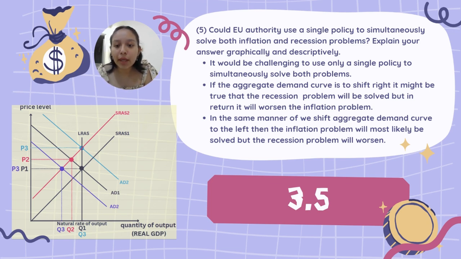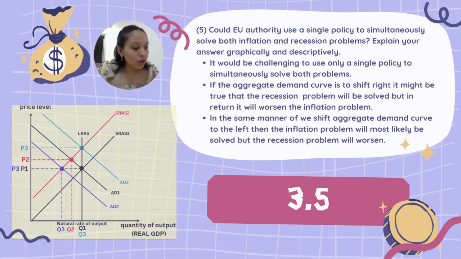So instead of being at P1, you can see that the price will be even higher than P2. Now it will be P3, again the sky blue color. It will be much higher, worsening the inflation.